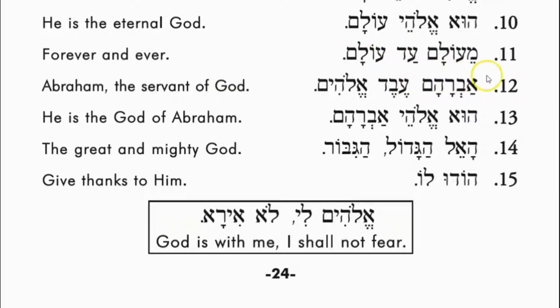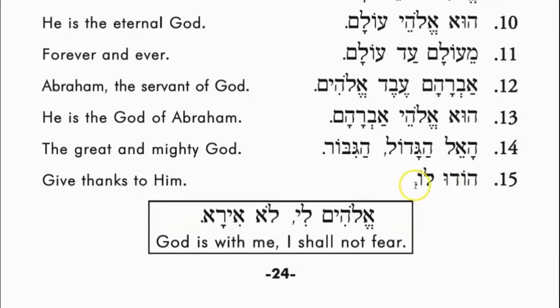Forever and ever. 12, Avraham, Eved Elohim. Abraham is a servant of God. 13, Hu Elohei Avraham. He is the God of Abraham. 14, Ha'el Hagadol Hagibor. Ha'el, the God, or with some specificity, God. Hagadol, the great. Hagibor, the mighty.